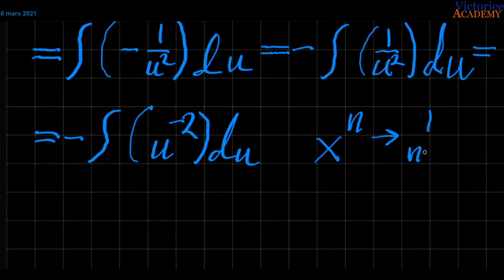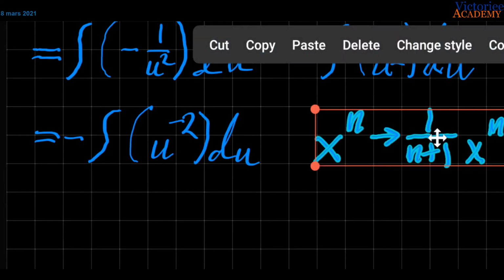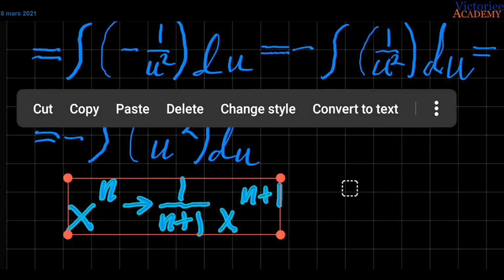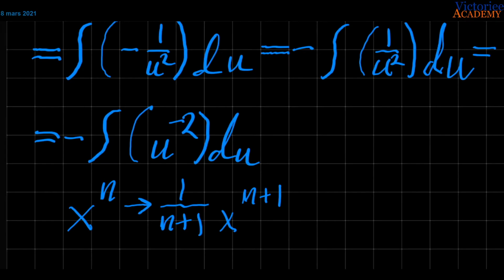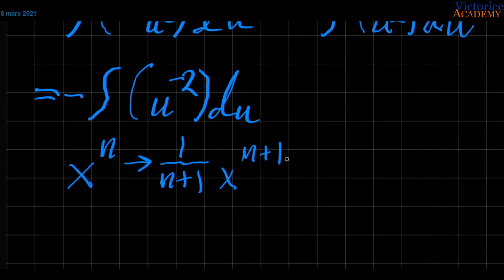1 over n plus 1 times x to the power of n plus 1. Since you can't see that, I'm going to move it down. And this is simply just the derivation rule backwards. Because if you derive this, you get that thing. I'm just going to write the derivation rule to make it more clear.